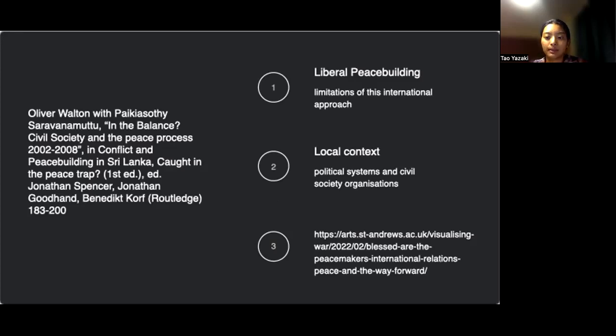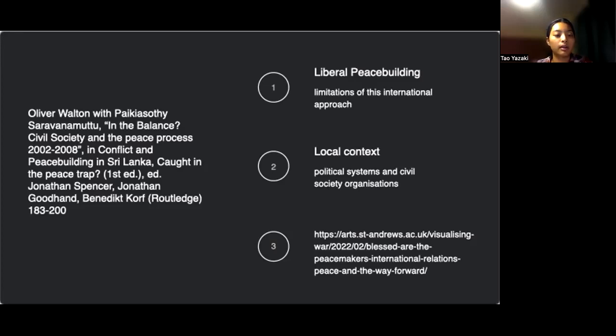Liberal peace building is a model followed by international organizations and domestic actors, a sort of alliance between these two. The motive is peace or conflict management, liberal democracy, and market sovereignty through economic and political means. So that is the more limited definition of liberal peace building.